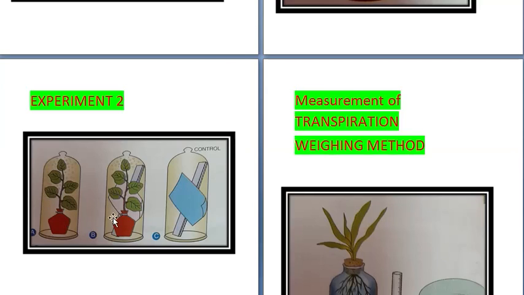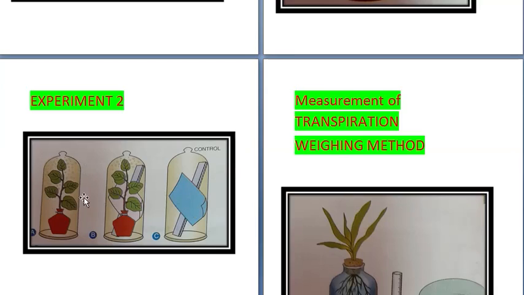In the second, the same type of potted plant is there, but along with it there is a slide which contains blue colored cobalt chloride paper, and the third one is a bell jar having blue colored cobalt chloride paper, but there is no plant in it.